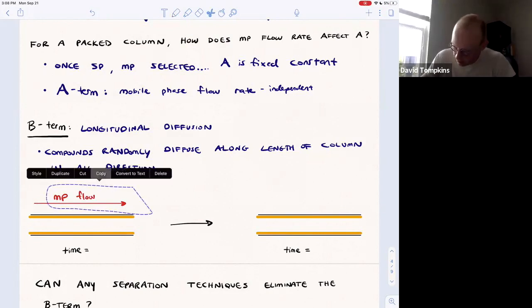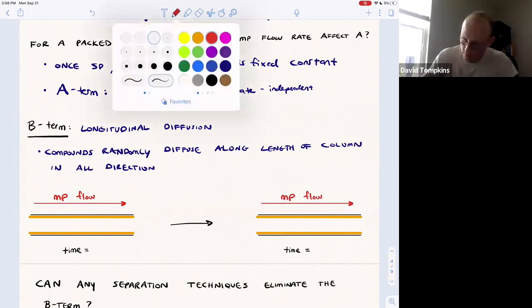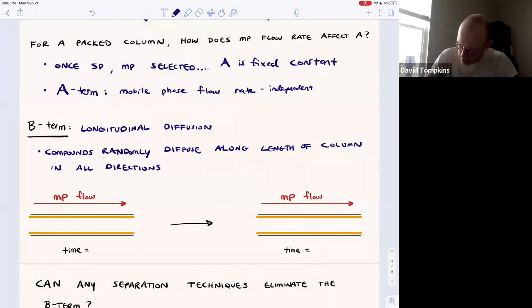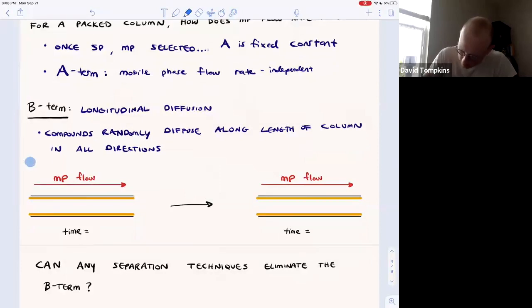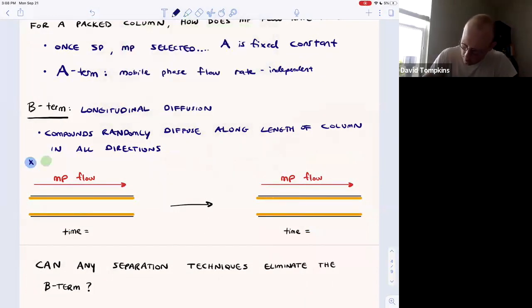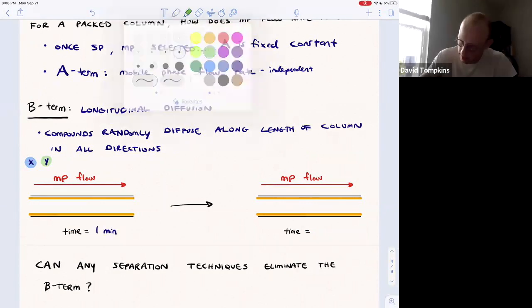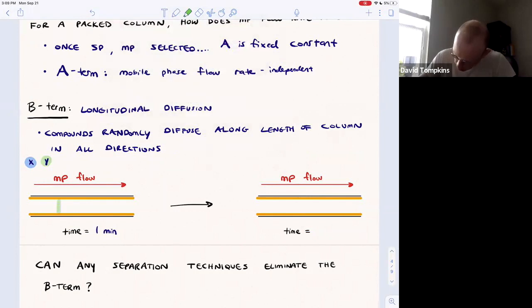So if the mobile phase is flowing here from left to right, and if you have two compounds, let's say compound X and compound Y. Early on in the separation, let's say 1 minute in, you'll find that compound X and Y are separated by how fast they are flowing through the column, one faster than the other.